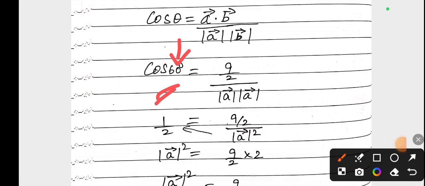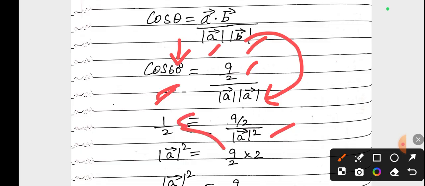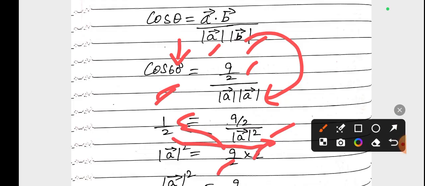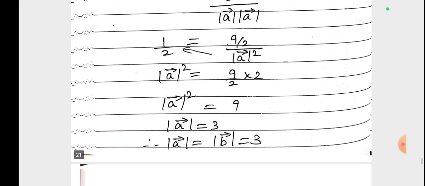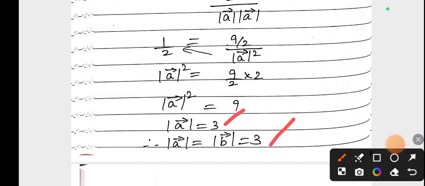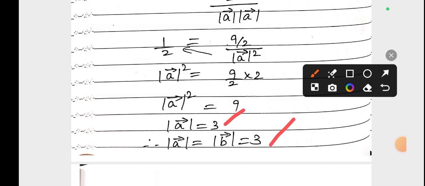So cos 60 equal to cos theta equal to A vector dot B vector by magnitude of A vector, magnitude of B vector. So 9 by 2 by, instead of magnitude of B vector, write magnitude of A vector because same magnitude. So magnitude of A square. Division goes that side, multiplication. Division 2 goes that side, again multiplication. 2 cancel. Get magnitude of A square is 9. Then magnitude of A is 3. Magnitude of B also 3. Sum over.